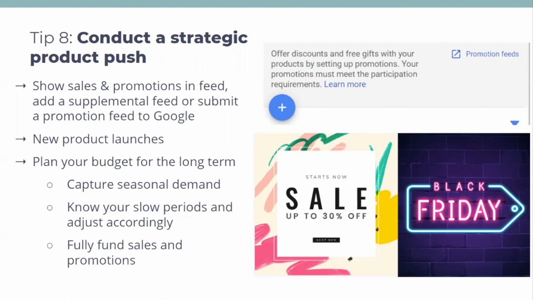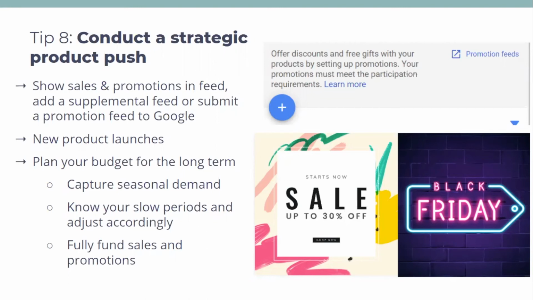So definitely plan for promotions and make sure those are fully funded, even giving extra budget to promotions that are a big deal. If you're running a big promotion, you want as much traffic to the site as possible. If you have a semi-annual sale, a back-to-school sale, or you're planning for the holidays, definitely plan your budget for those too.